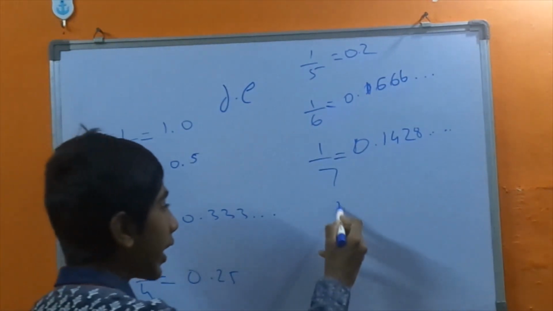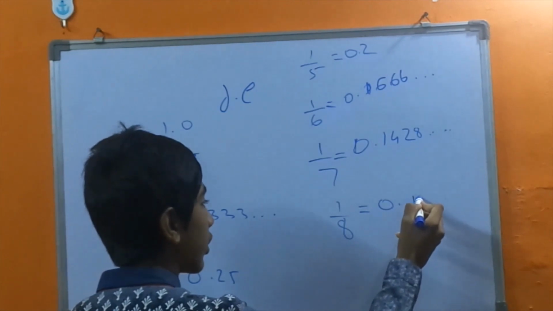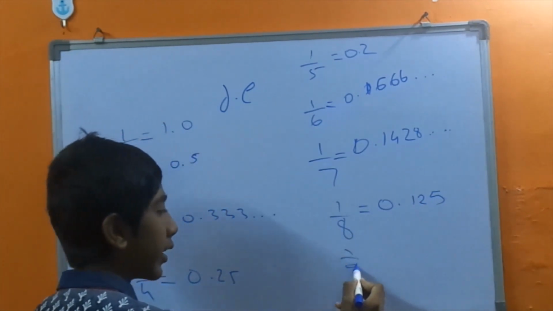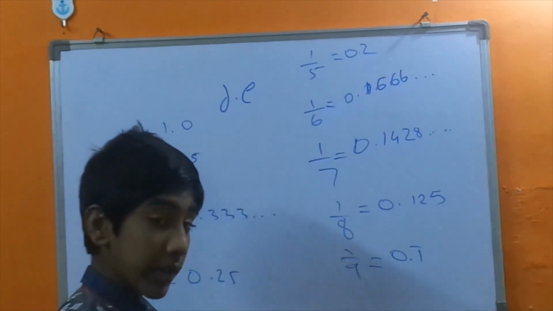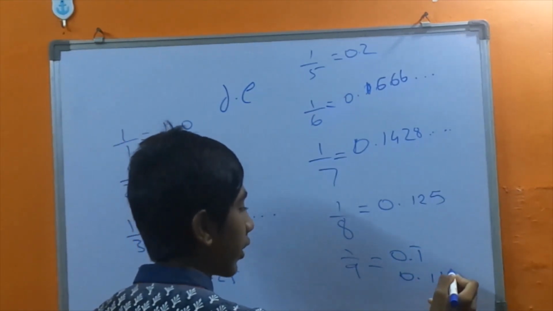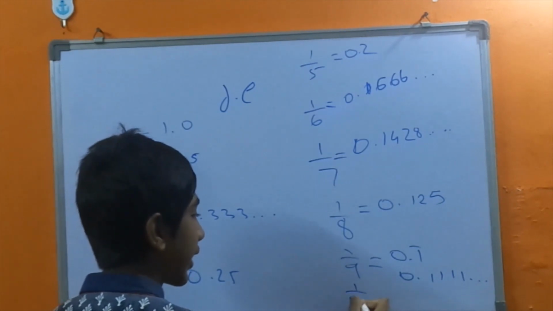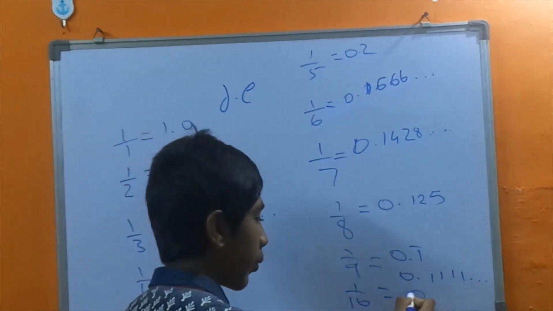And 1 by 8 is nothing but 0.125. And 1 by 9 is nothing but 0.1 bar, which means 0.1111 and so on. And at last 1 by 10, which is 0.1.